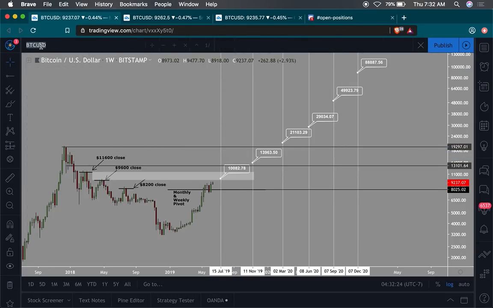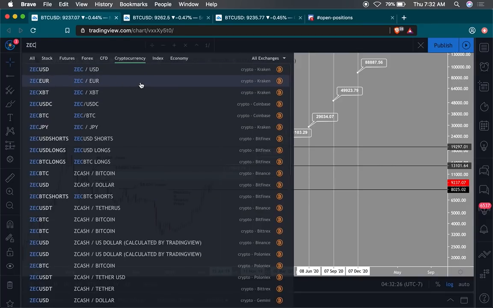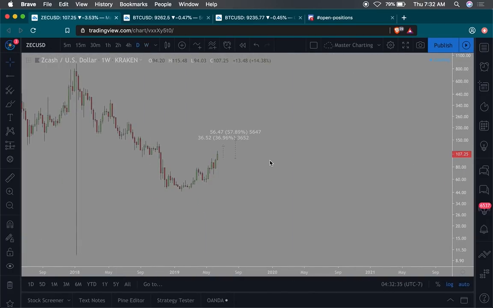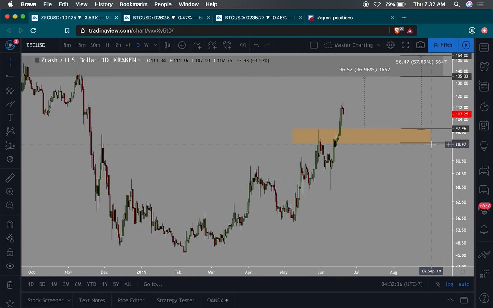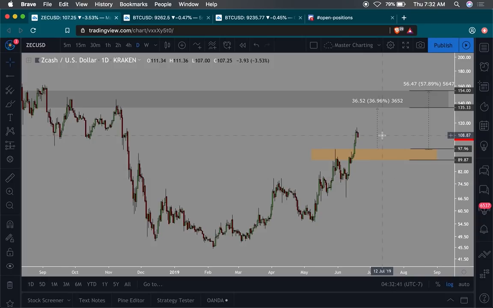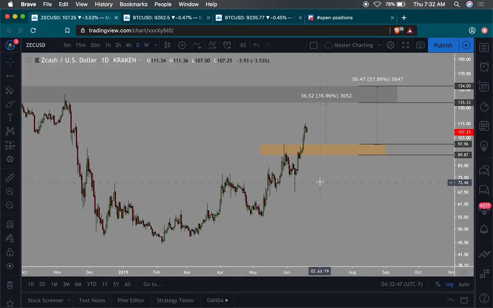I wanted to talk about ZEC. Let's see, where is Zcash, US dollar? Okay, here's Zcash, all right? I said yesterday that this is a trade that I want to get into, and I gave this away to the free lounge members, and I'm giving this to you for free as well.